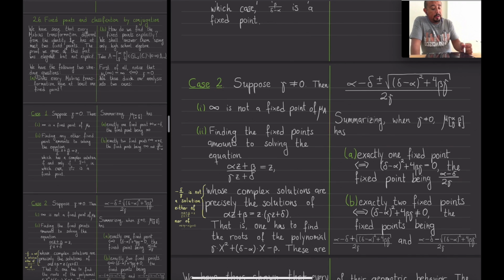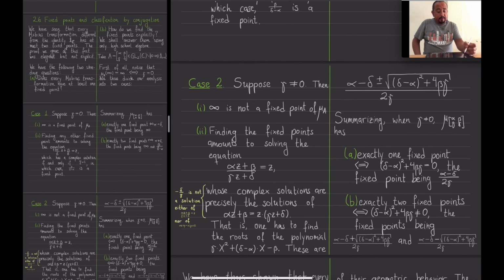Anyway, so when gamma is 0, since we have seen that when gamma is 0, the fixed points have to be roots of this one, and vice versa, then one has exactly one fixed point if this formula throws only one number, namely when the part inside the radical is 0.